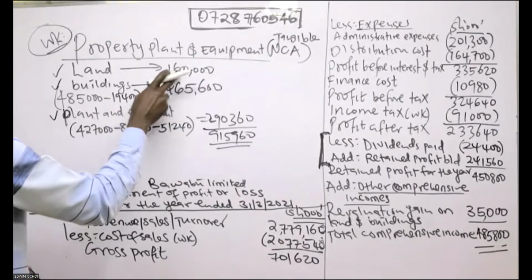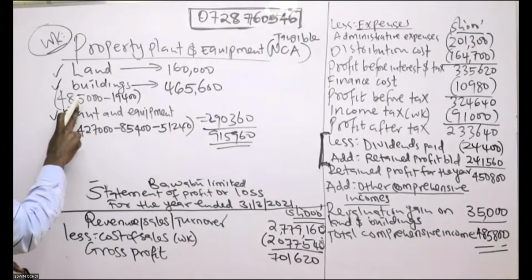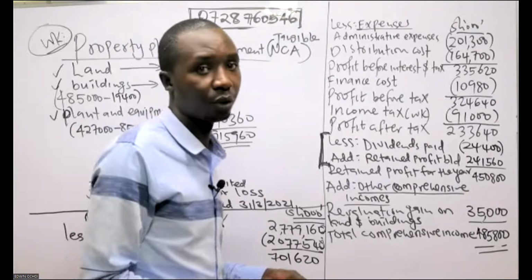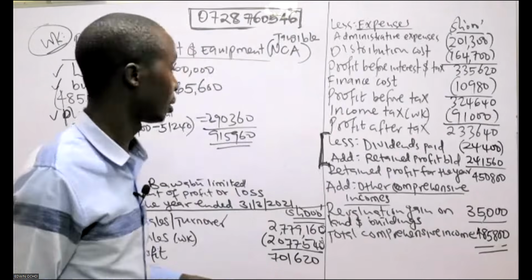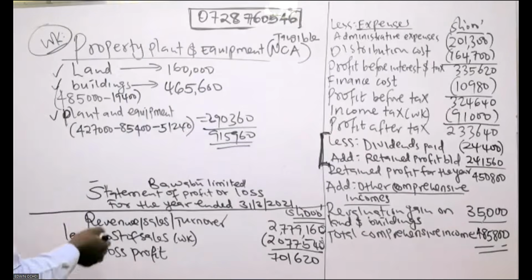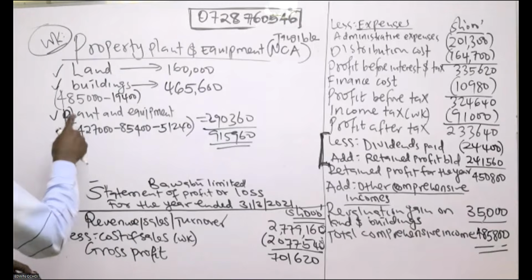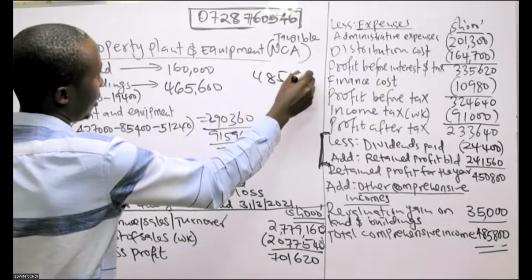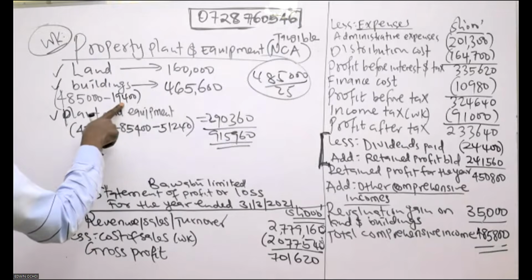Land was revalued to 160, buildings to 485. It had a remaining useful life of 25 years, meaning we have to do depreciation using a straight line method. That is 485,000 divided by 25. That is how we got 19,400.